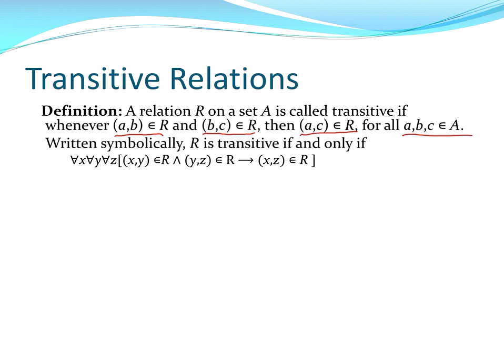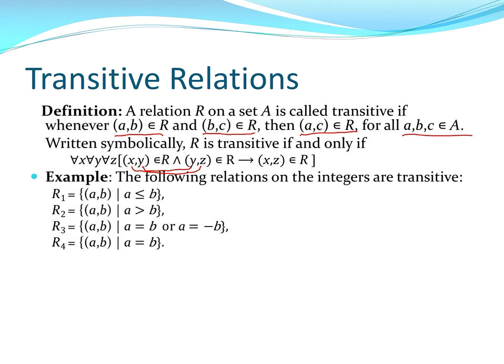Symbolically, for every x, for every y, and for every z, (x, y) in R and (y, z) in R implies (x, z) is in R. So we can see that these are the same, and then we look to see if the outer two form a pair in R.